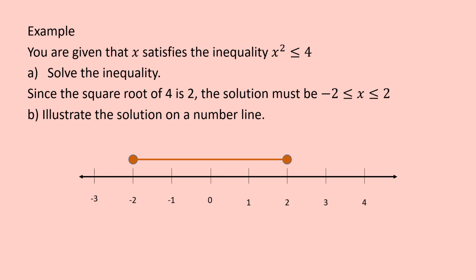Remember that the filled bubbles show that 2 is included in the solution, and that is the solution of the given inequality. Let's see this example too. However, if the inequality is in the other direction, then the solution consists of two disconnected regions. The next example illustrates this type of question.